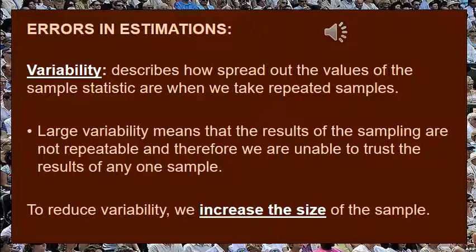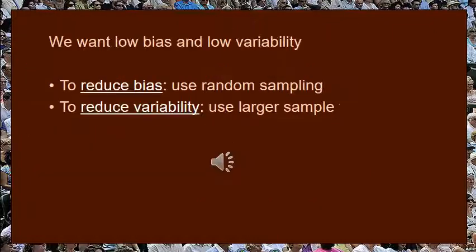A large variability means you really can't trust your results, because in different samples they would be very different from each other. So we have to reduce variability in research, and to do so, we increase the size of the samples. We take large samples.